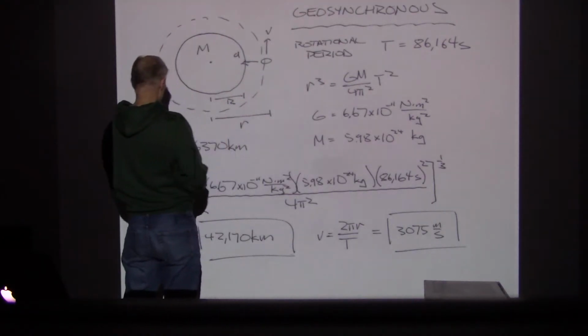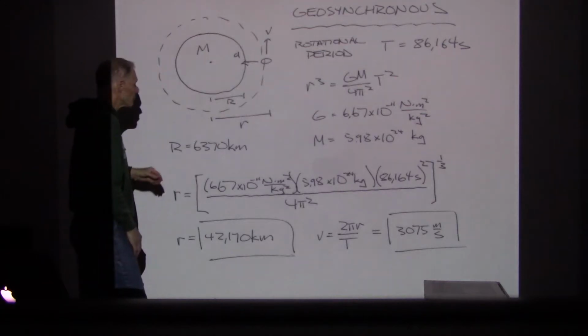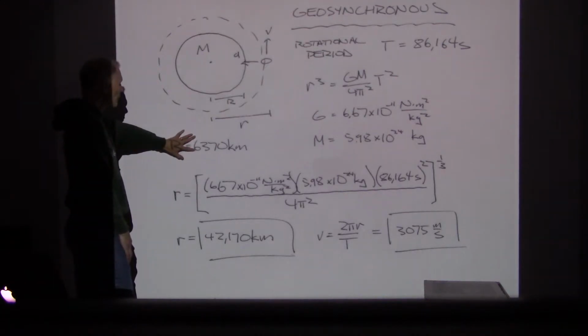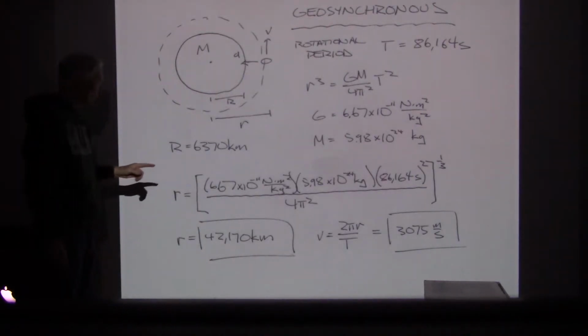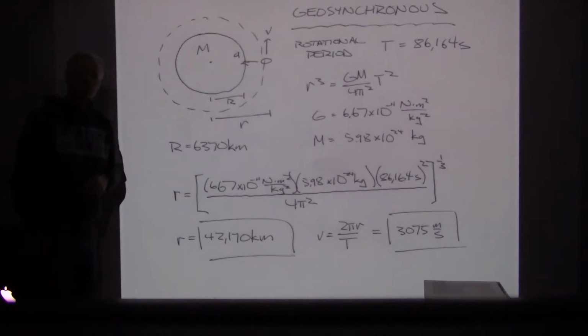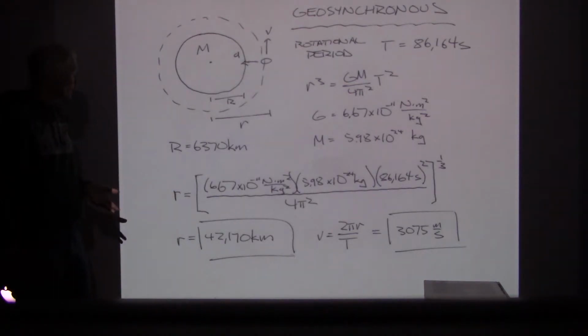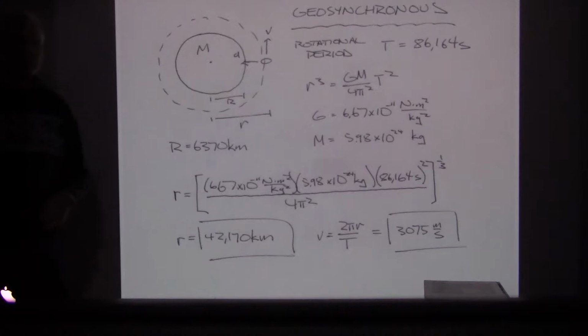The radius of the Earth, which we didn't need for this problem, is 6,370 kilometers, right? Now, the orbit that would be geosynchronous would be at 42,000 kilometers. That would be 7 times the radius of the Earth.